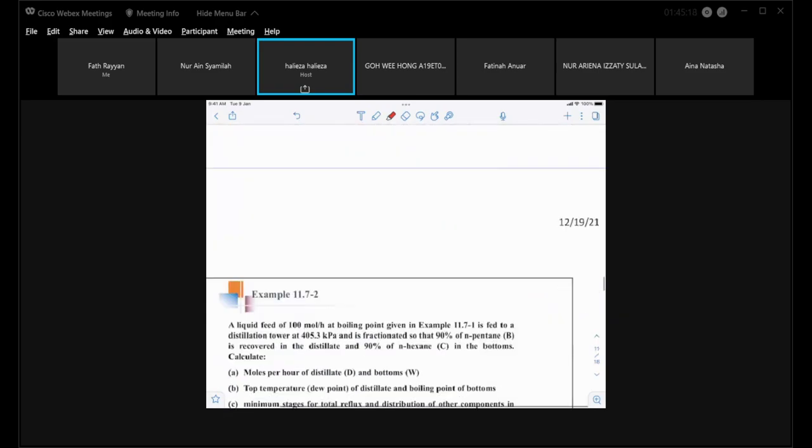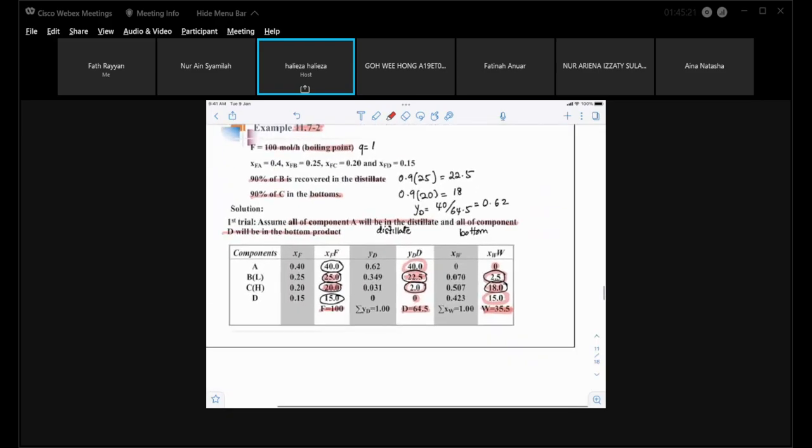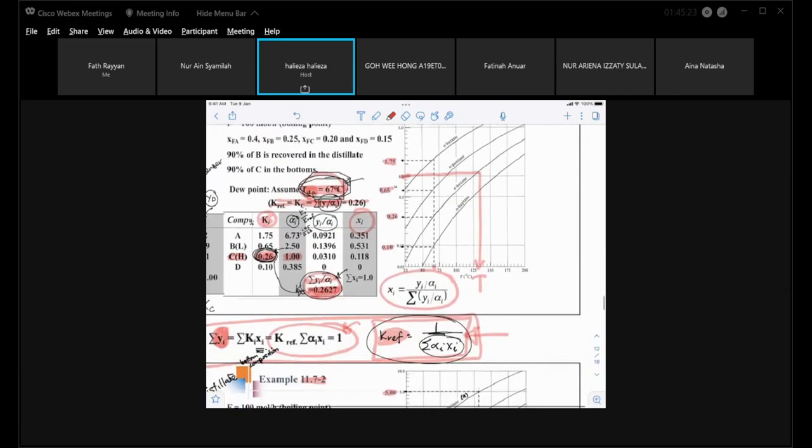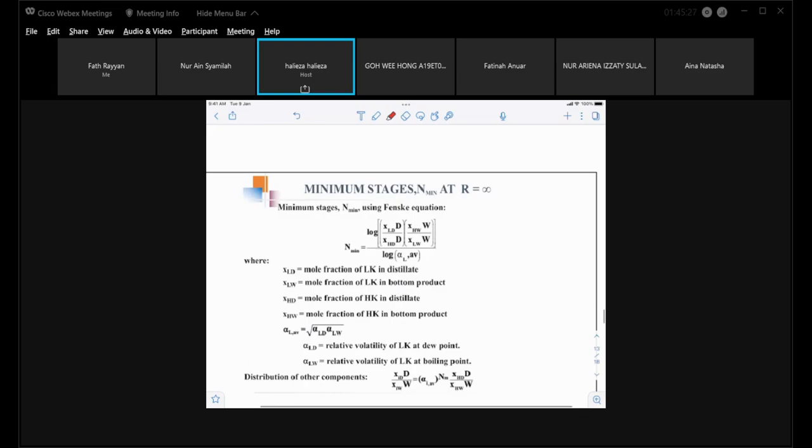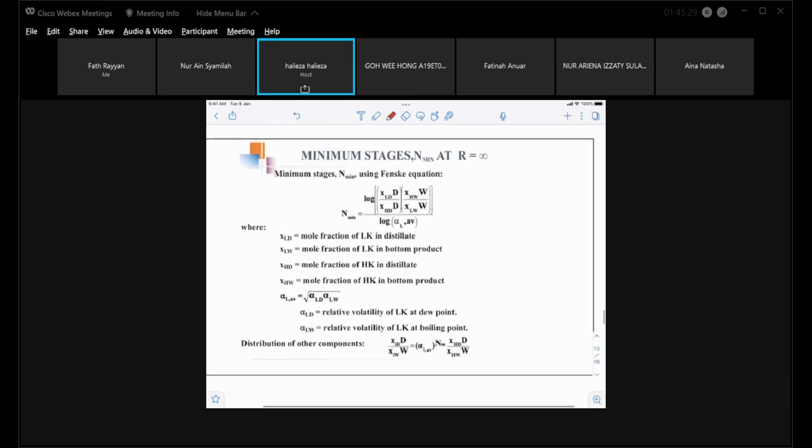When do you check for your actual composition? You will check somewhere along the way. You will not check the composition yet. You will only do it here based on that equation. You need to get your minimum number of stages first.